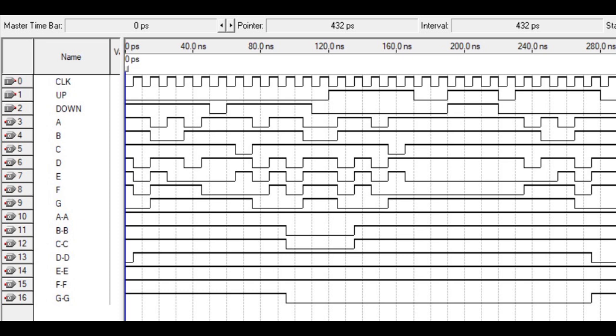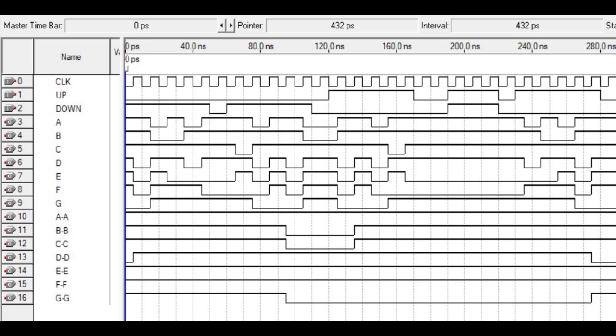So that means on the first clock, if the input is down, A, B, C will be high, and D, E, F, G will be 0, active low. So that means the circuit is active high, so A, B, C will present the 7, and the AA, BB, CC for the first clock will present B, because from A0 it continues to B7.